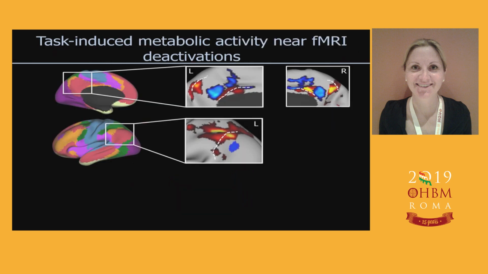And if we zoom into these areas that are highly metabolically active during task as compared to rest, but have no corresponding fMRI signal, we see that they actually fall along the borders between the default mode network and the frontoparietal control network. If I zoom in and indicate the borders here based on the parcellation, both in the posterior midline and in the inferior parietal cortex, we detect this kind of pattern.